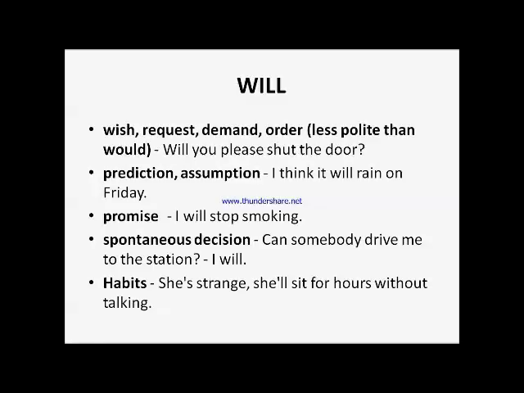To make a promise. I will stop smoking from tomorrow. I will avoid drinking alcohol. So, if you are promising someone, you use will. So you see, in all the modals, it is all dependent on the mood of the person speaking. If you're making a spontaneous decision, you use will.